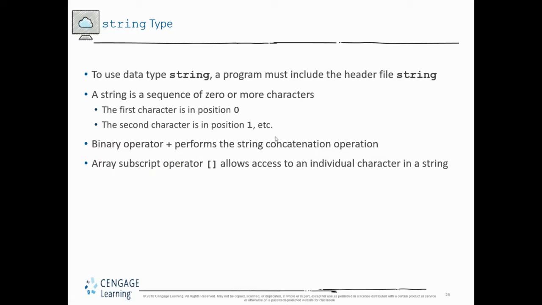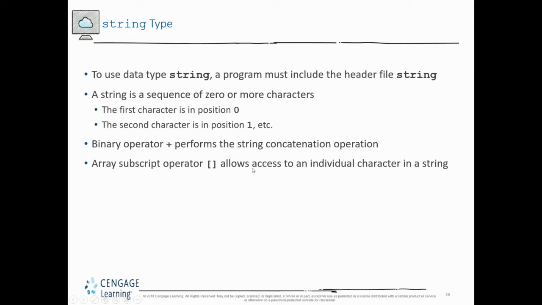In other words, if you have two strings, string fname and string lname, and for string fname we have John, for string lname we have Maloney, then we could do fname plus lname and assign that to maybe fullname. Or we could have another string called fullname equals fname plus, and then we have to do a double quote marks with a space, then the closing quote marks, then another plus, and then lname, and that would then throw it all together.